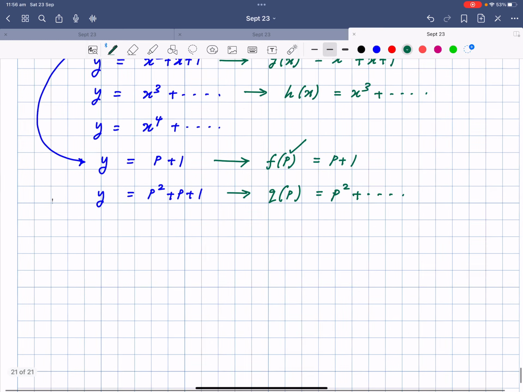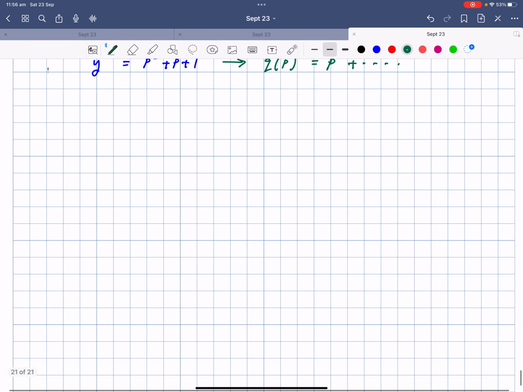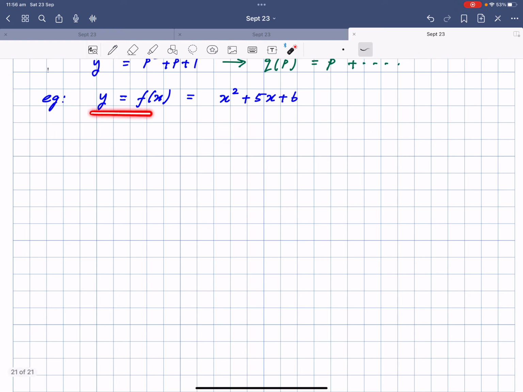Now, I'll take a small example here. Suppose it is given to you that y is equal to f of x is equal to x squared plus 5x plus 6. Now this is true, right? Because y is nothing but f of x, another way of writing it. This has advantage. Why?